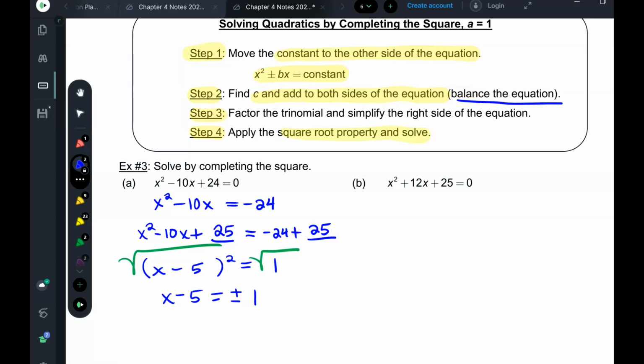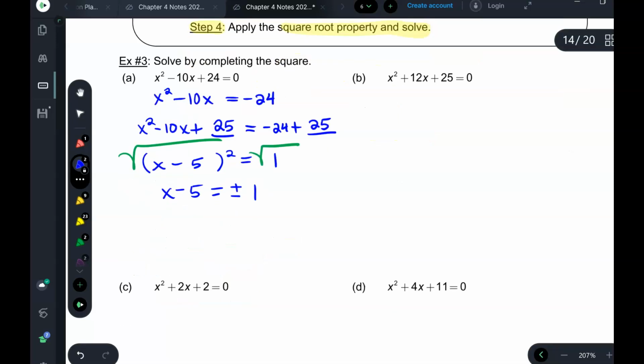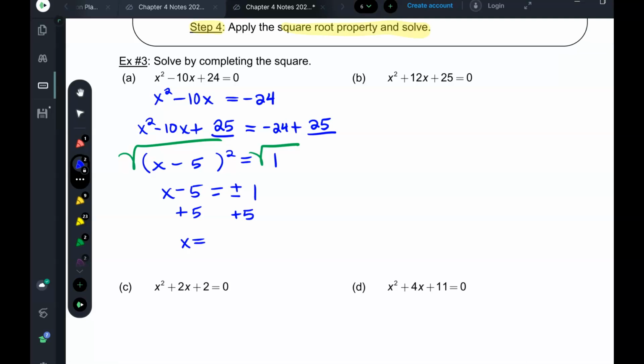Balance the equation. We're doing one side, we have to do the other side, right? Yep. So x equals 6 and 4.